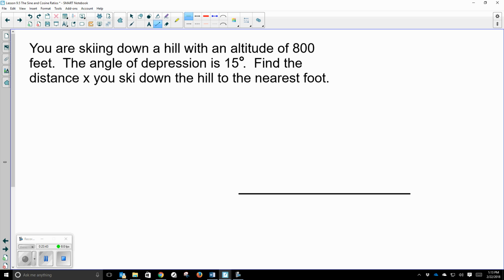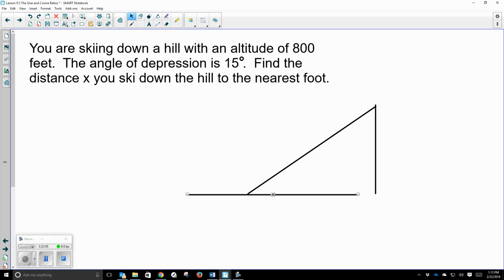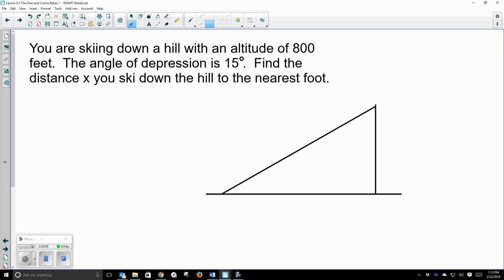I'm going to draw, let's see. Something like that. It's probably not that steep. That's the ground. How do you measure altitude?